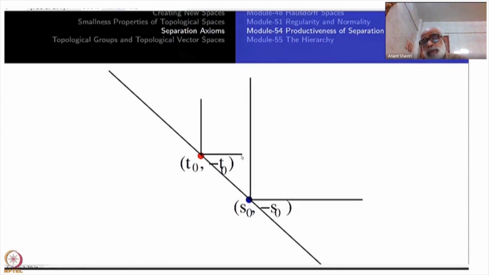The corresponding length of this one should not come over here. You see, otherwise these two will not be disjoint. So it has to be at the most this much, right? So this epsilon T naught will have to be smaller than the difference between S naught and T naught. So that's all I have put.